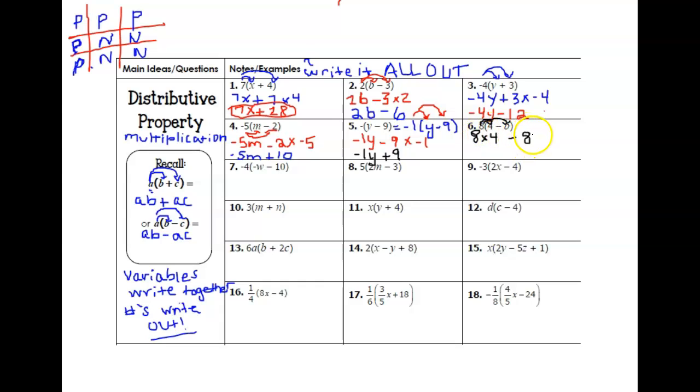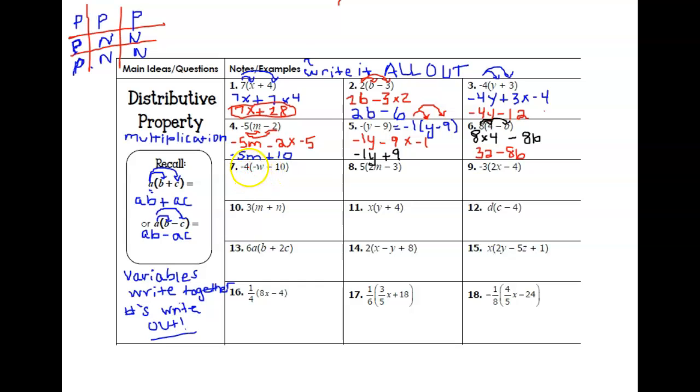So this would be minus 8b. Okay, now I'm going to simplify this expression. 8 times 4 is 32 minus 8b. Okay, let's go to the next one.